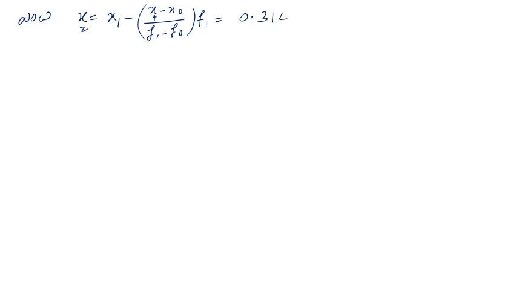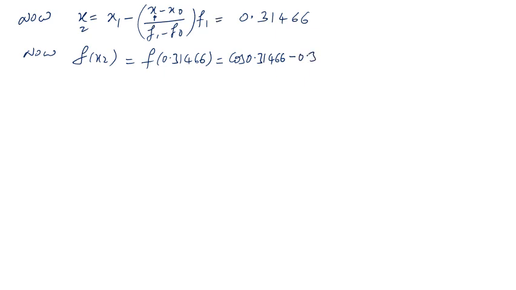x2 is 0.31466. Now find f of x2. F of x2 means f of 0.31466, already we calculated this: 0.31466 minus 0.31466 e to the power of 0.31466.